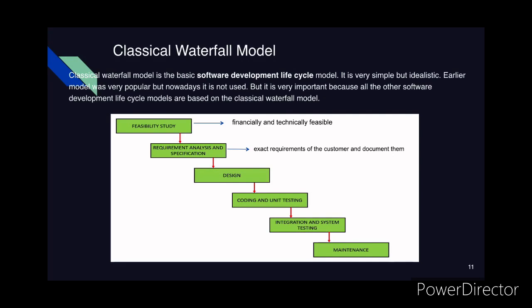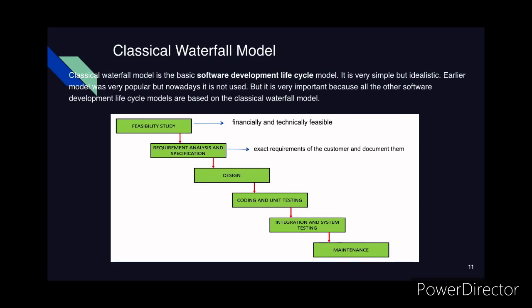The second is requirement specification. These analyzed requirements are documented in a software requirement specification, which we already studied as SRS. The SRS document serves as a contract between the development team and the customer.